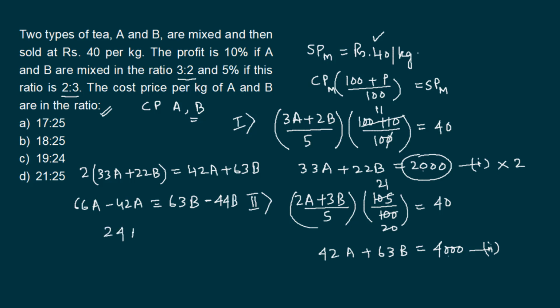So this gives 24a is 19b. That means a is to b is 19 is to 24. That fits in option C.